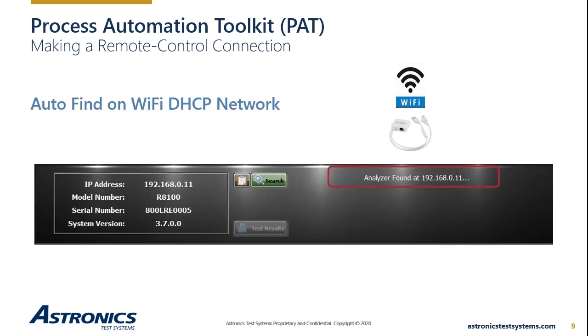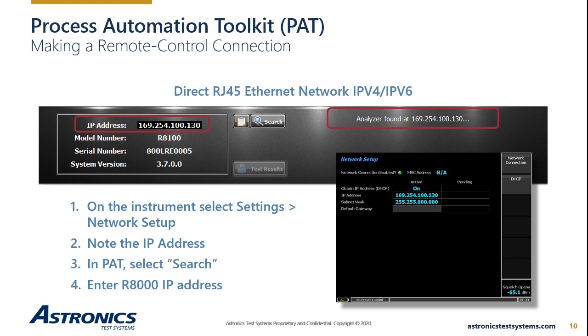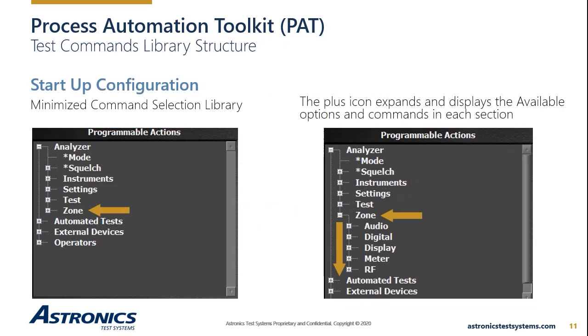When using the Wi-Fi connection, PAT automatically searches for R8000 presence on the DHCP network. If an instrument is found, it automatically connects. When using the RJ45 Ethernet connection, on the instrument select Settings, Network Setup, and note the IP address. In PAT, select Search and enter the R8000 IP address in the field provided.